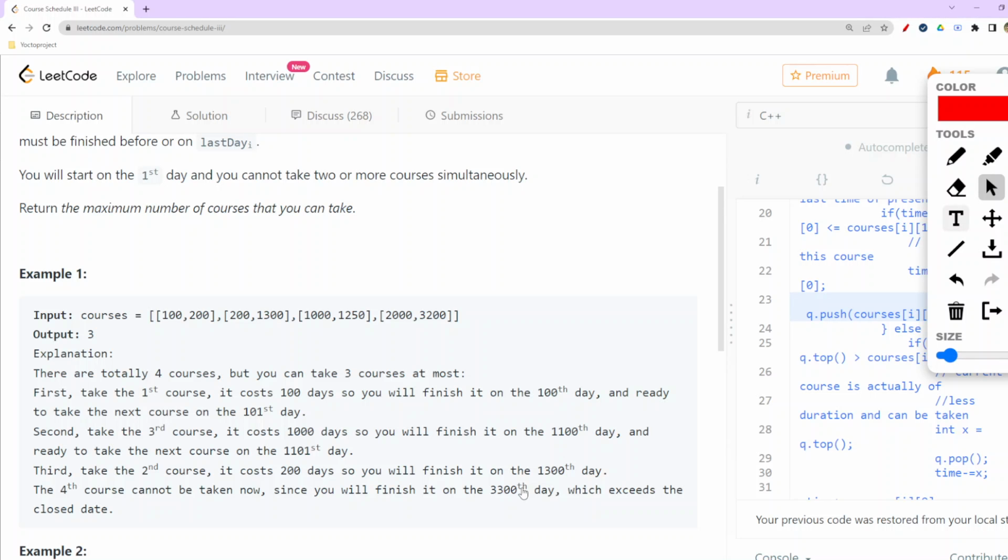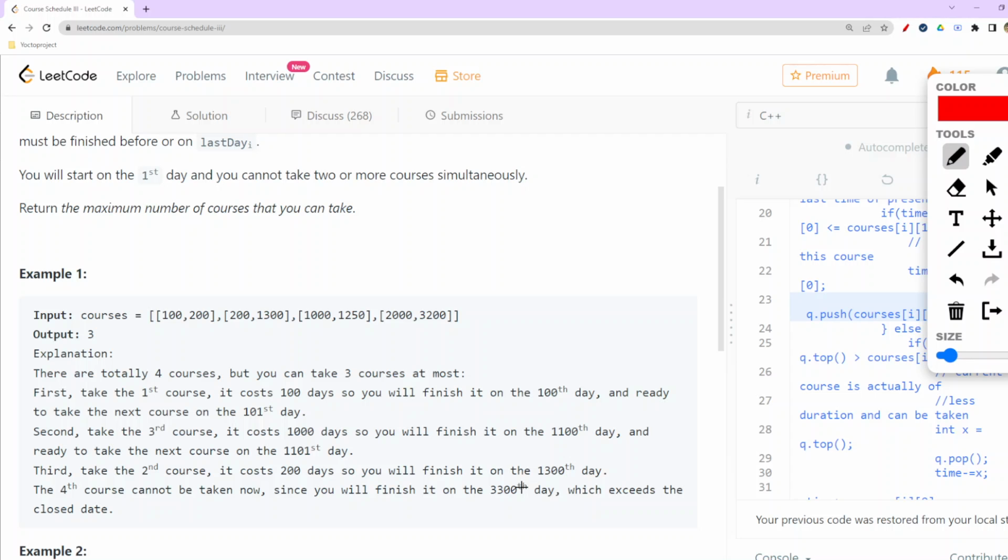The way it is written here, the first course could be taken, and then the second and third course could be taken. In the first example which I gave you, we got stuck on these last days. At that moment we were not able to work out how many courses we can take; we only got 2 courses, but in actuality the answer is 3, right?